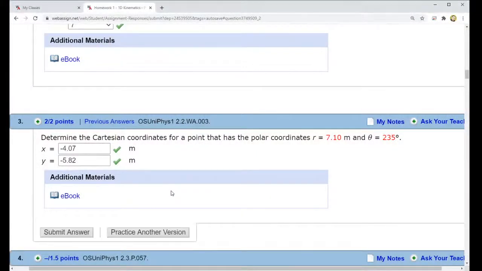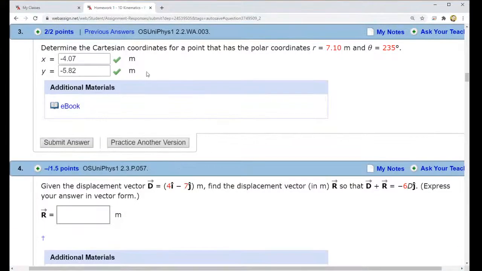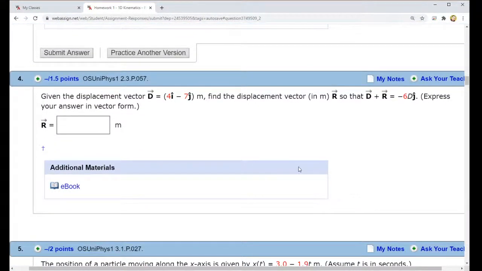But that's a convention. You can define these things as long as you're consistent. Maybe for a problem you want to call up negative. You can do that as long as you're consistent. But in this case, you've got to go with the convention because WebAssign is expecting the convention. All right. If you have any questions about that, put them in the comments, but we're going to move on here.